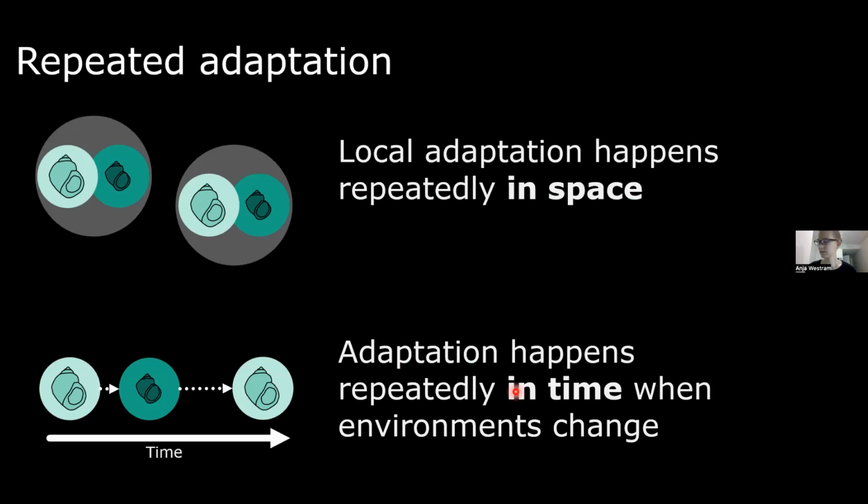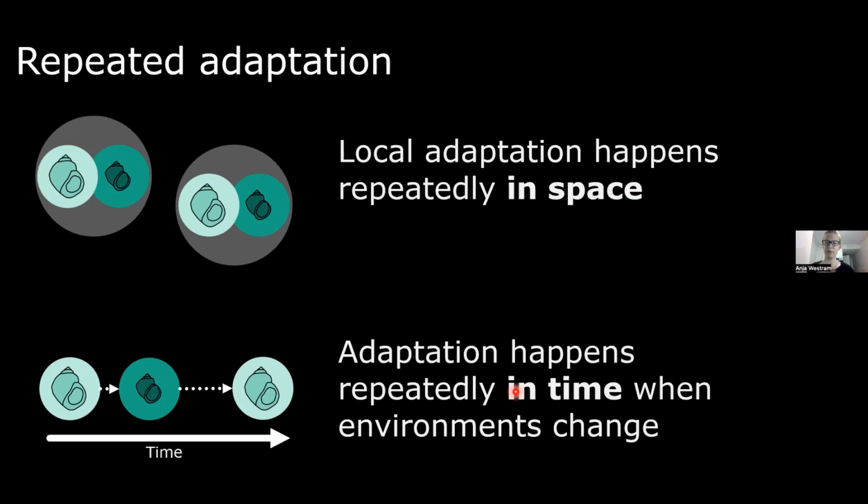But of course, we are already 24 minutes in, and so far we have looked only at a single event of divergent adaptation. But in nature, in many systems you have local adaptation in multiple different geographical locations.